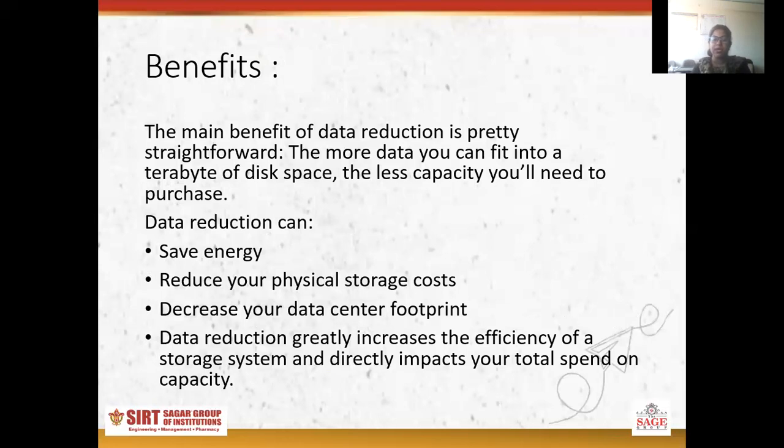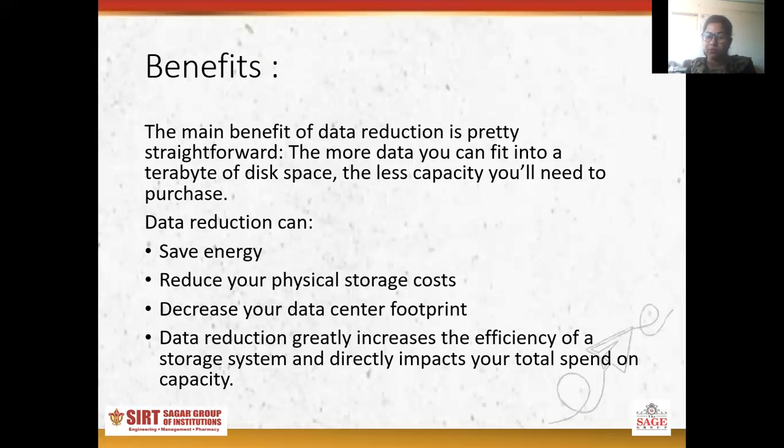So data reduction can save energy, reduce your physical storage cost, and decrease your data center footprint. Data reduction greatly increases the efficiency of a storage system and directly impacts your total spend on capacity.